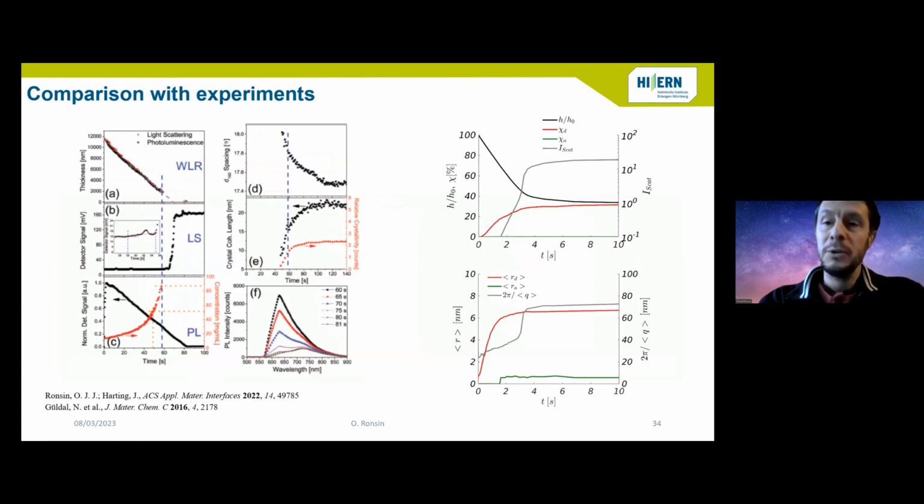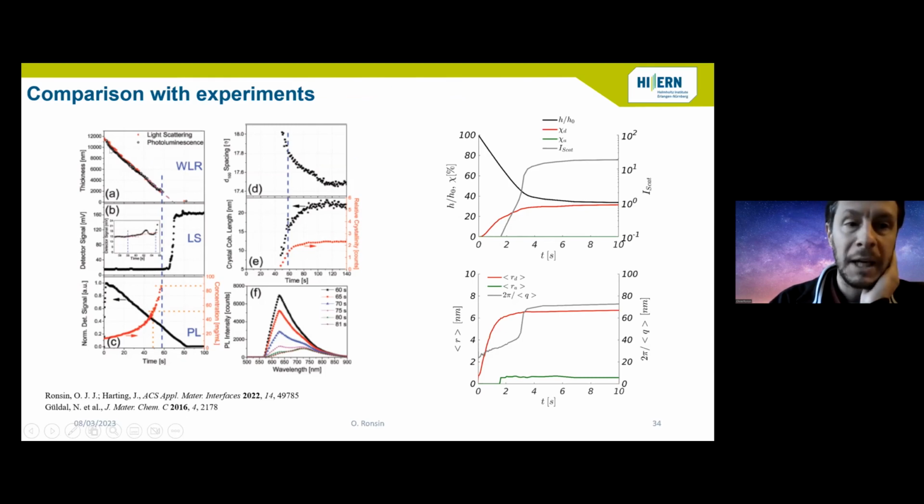On this slide, I want to show you that we can extract information from such simulations that we can directly compare with experimental results. Here on the left, you have a snapshot from a paper published by Christoph Brabec's group on in situ monitoring of the morphology formation for P3HT:PCBM.